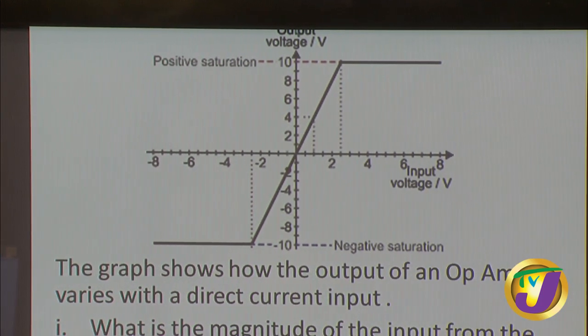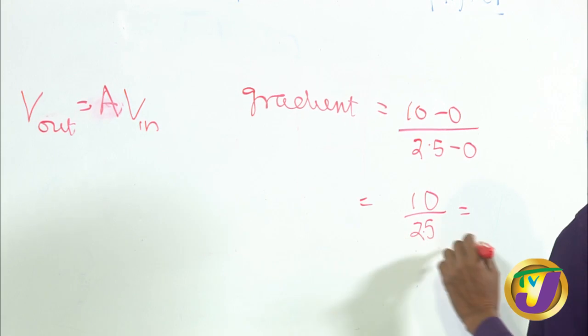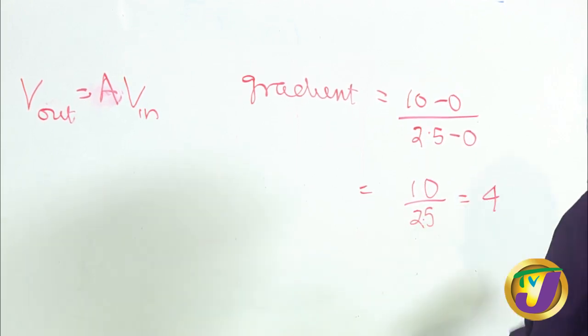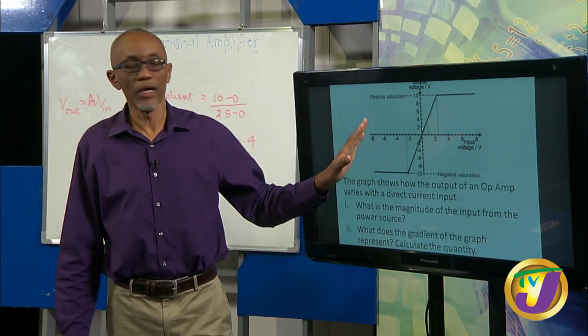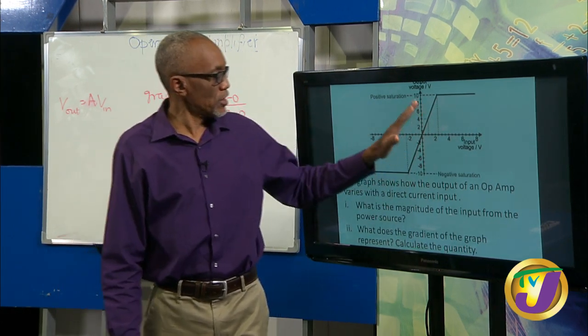That would be 10 over 2.5, which is equal to 4. So it has a gain of 4.